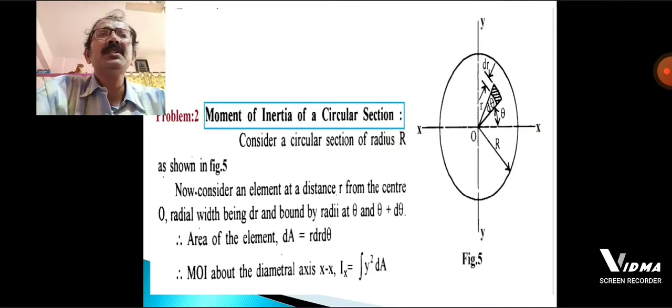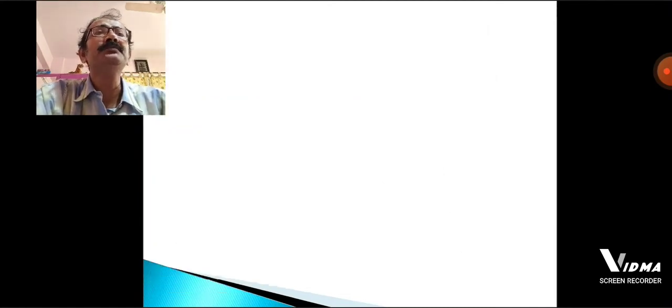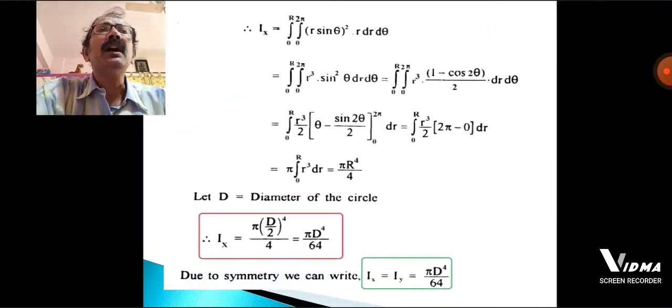Now the moment of inertia about the diametral axis, the x axis, is Ix equals the integration of y square dA. There are two variables, so there will be a double integration, r from 0 to r and theta from 0 to 2 pi, of r sine theta square into r d theta into dr. First you integrate the first integration and then the second integration.